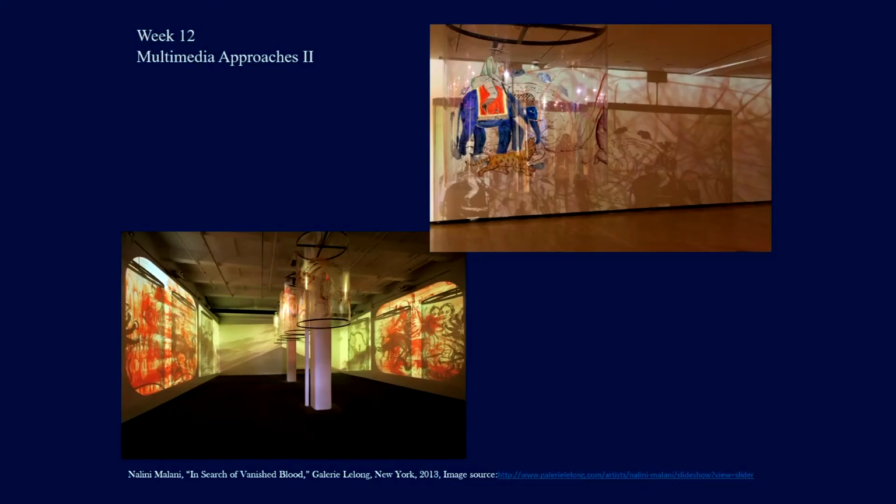In this work, as you can see, it's a drastic departure from the works on canvas, the sculptural works and so on. In this one we see some fiberglass cylindrical shapes hanging from the ceiling.